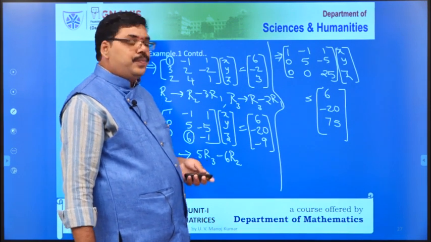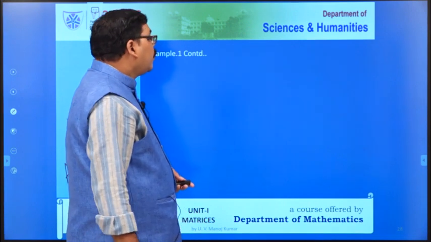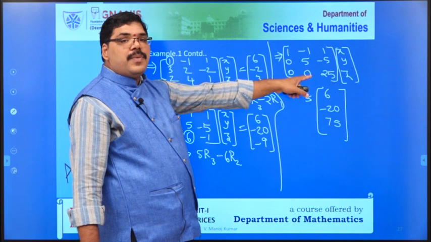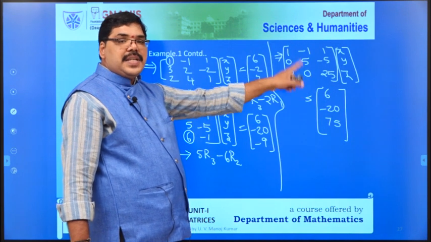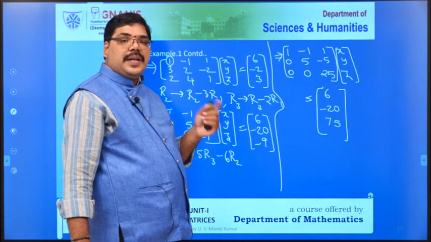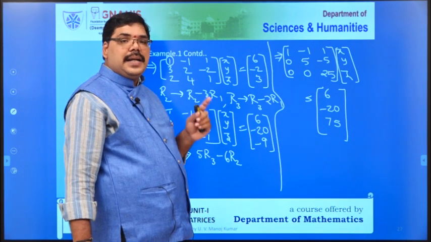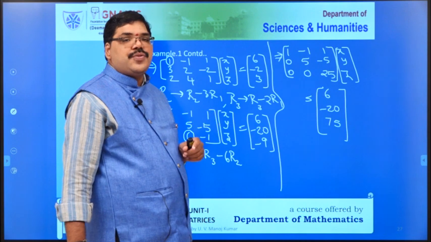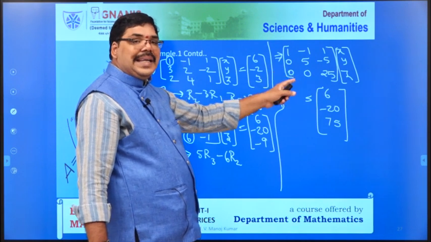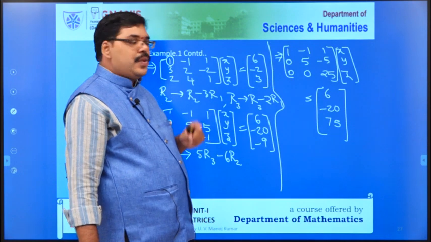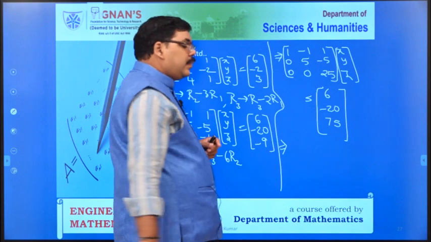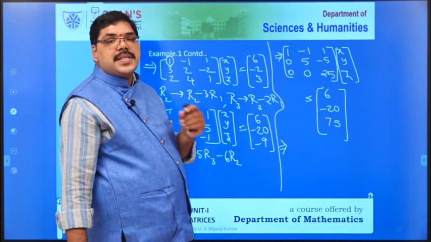What we have to do? We write this matrix form of the system of equations, which is reduced into echelon form, and convert them into equations and solve them by the back substitution method. So we write equations from this. What equations will I get?